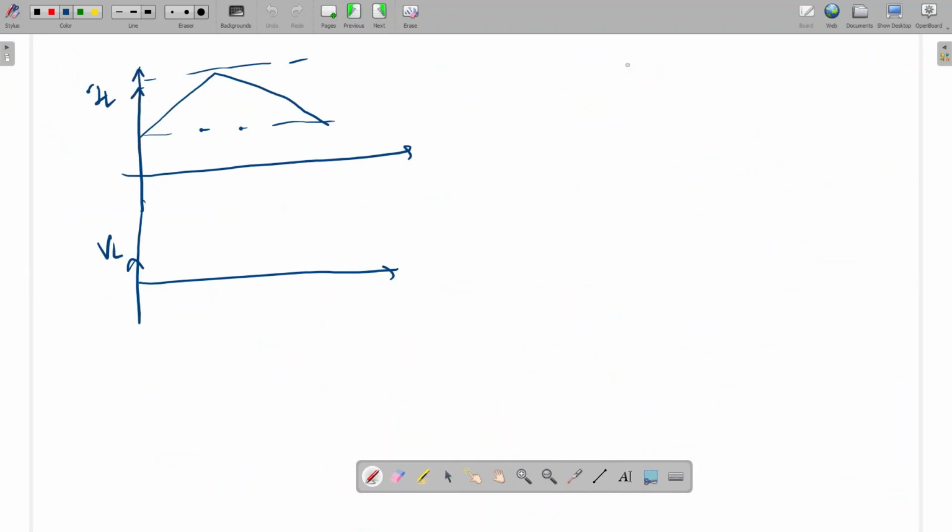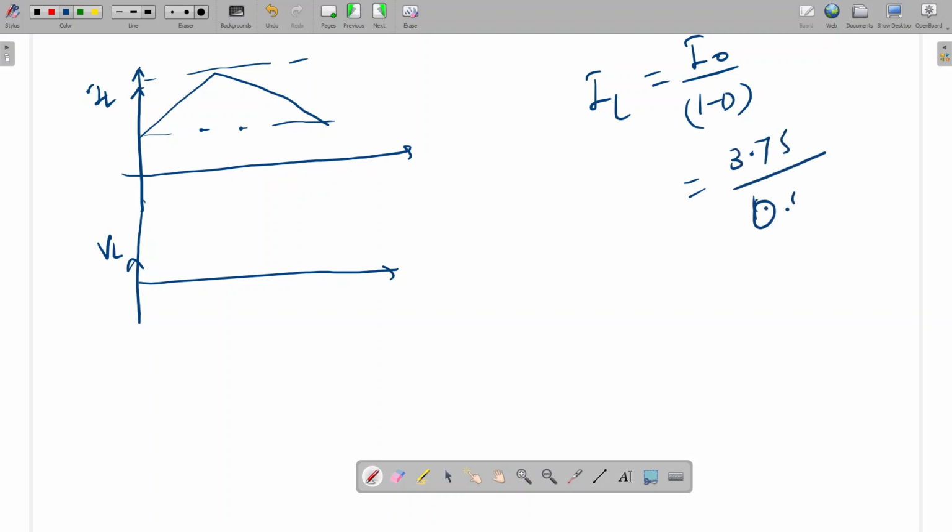IL is equal to Io divided by 1 minus D. So 3.75 divided by 0.4, it will be 9.375. So this value will be 9.375. This is the average inductor current.